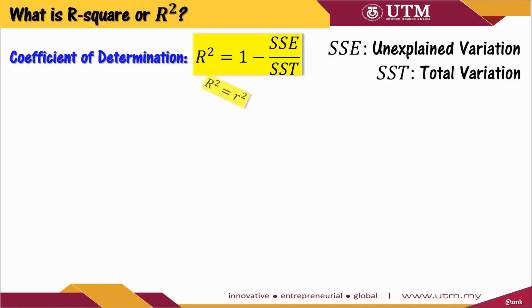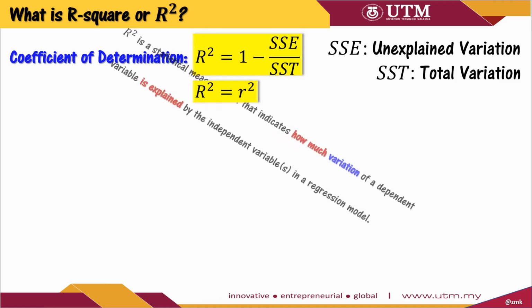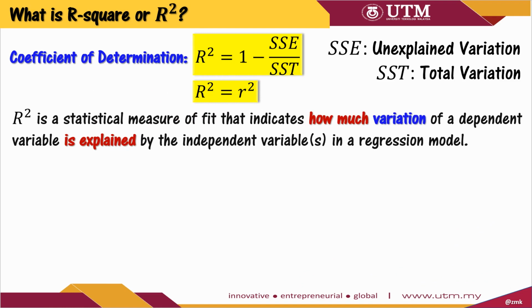coefficient R. Based on this formula, we may say that R square is a statistical measure of fit that indicates how much variation of a dependent variable y is actually explained by one or more independent variables in a regression model.